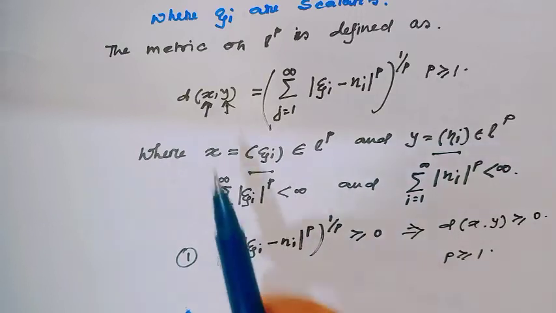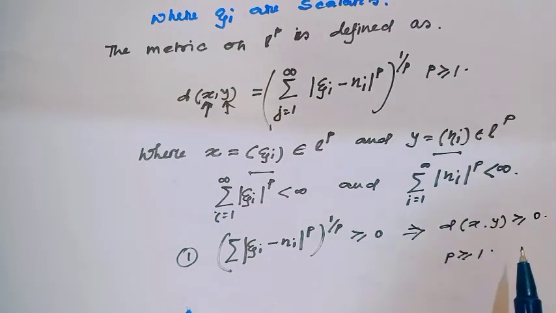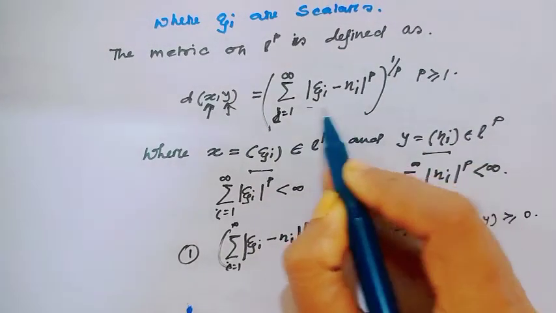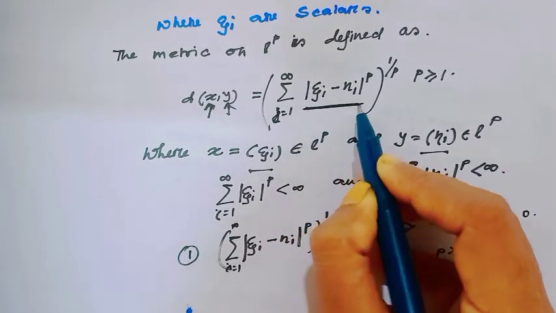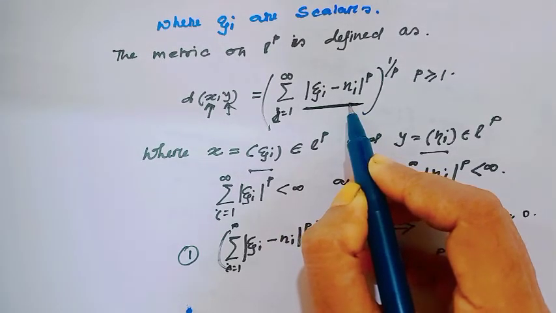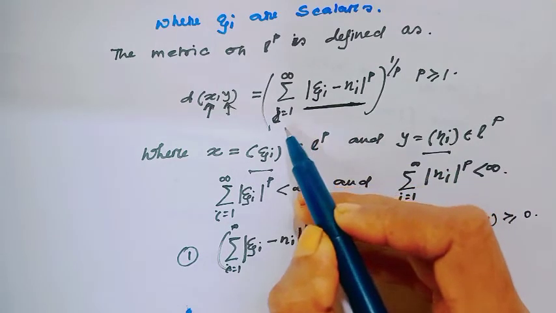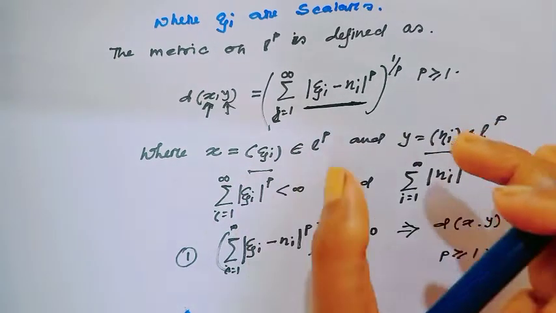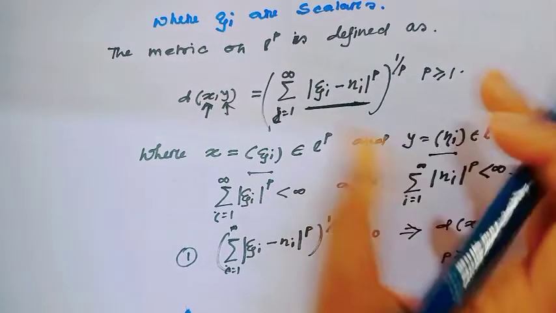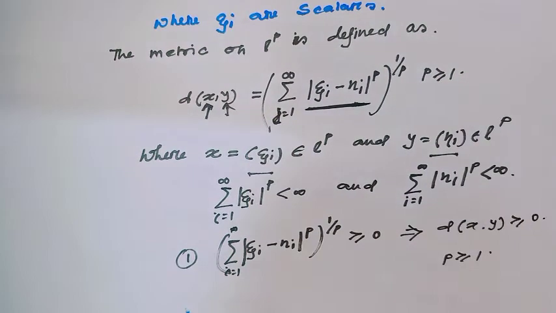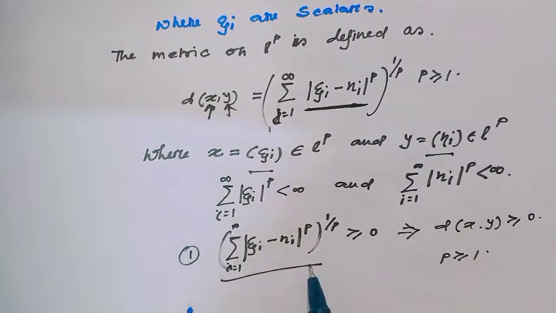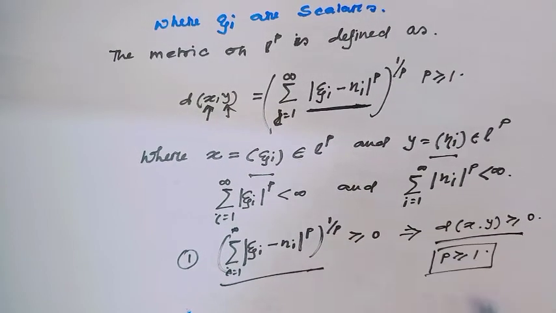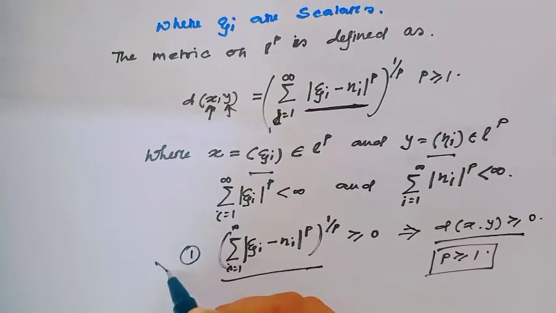Then obviously d(x, y) is greater than or equal to 0, because this term is an absolute value, which is always positive. Applying the summation and the power 1 over p, since every term is positive, d(x, y) is obviously greater than or equal to 0 for p greater than or equal to 1. That means the first condition is satisfied.